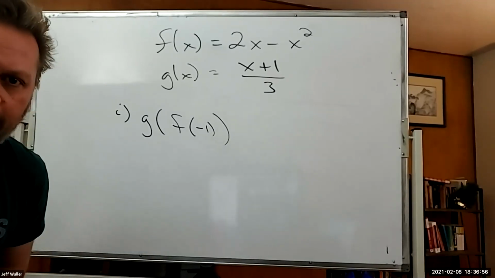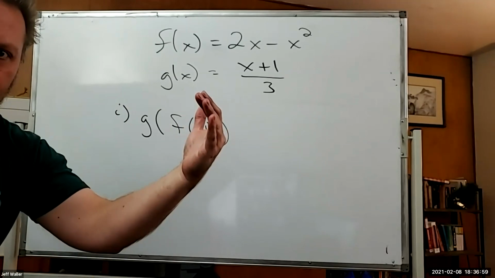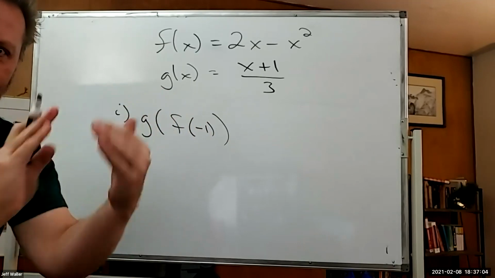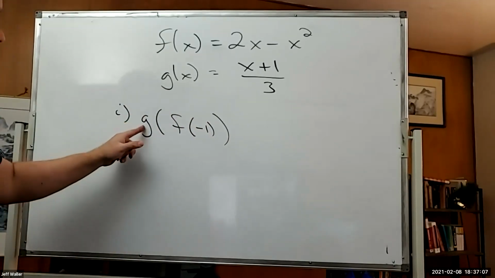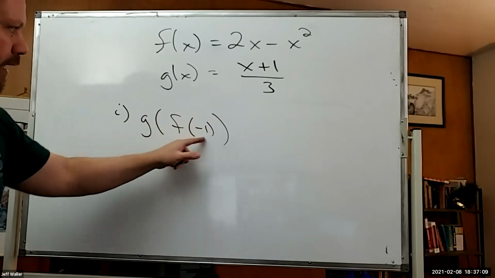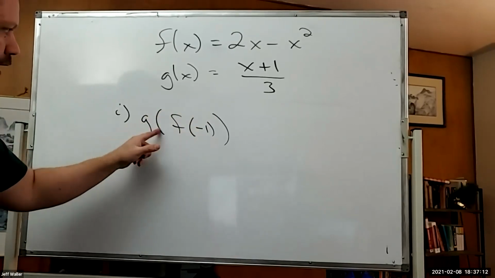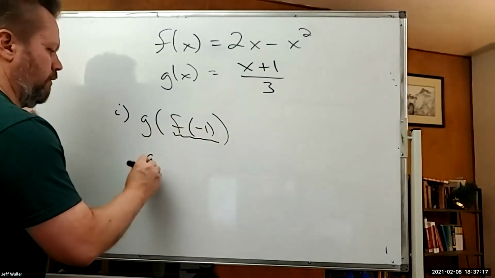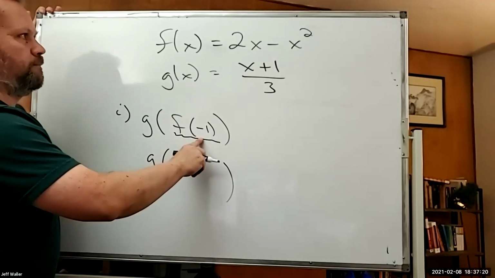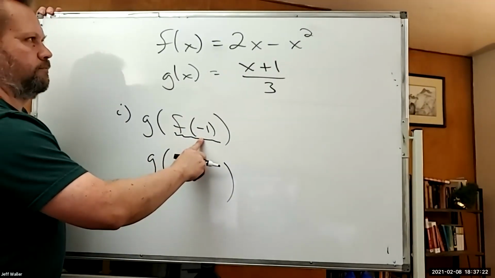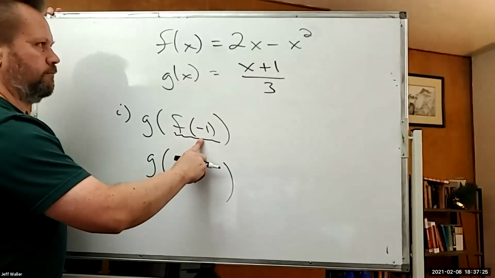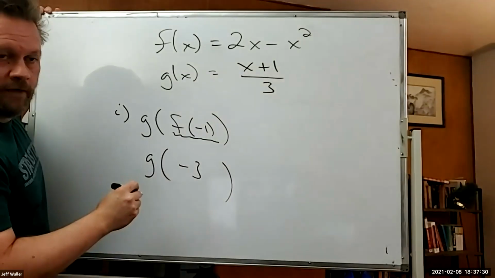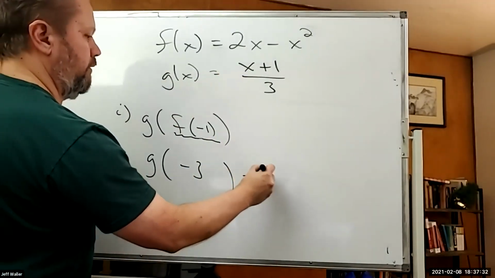When you have something you have to simplify, where do you start? In an algebraic expression, you start in the very inside, don't you? Don't you find the innermost? All right. So I can't evaluate g at this until I know what this is. This is g of a number I don't know yet. So you have to figure out what this is first. What is f of -1? -3. Right? If you put -1 in, you get -3. Is that cool? And now I can do g of -3.